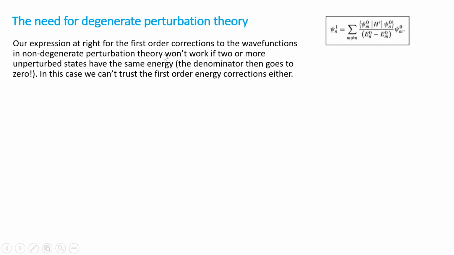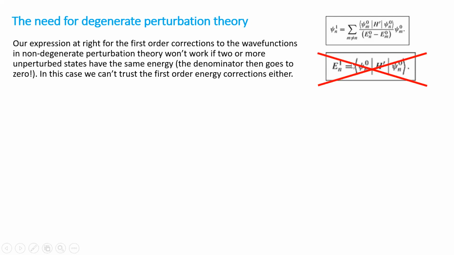So the expression at right in non-degenerate perturbation theory won't work if two or more of the unperturbed states have the same energy, since the denominator then goes to zero. And it turns out that in this case, for those particular states that have that problem, we can't trust the first order corrections to the energy either.